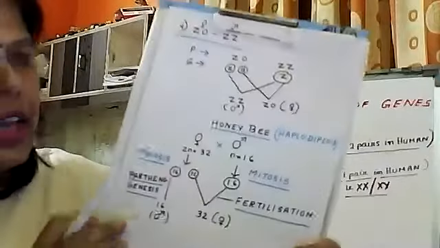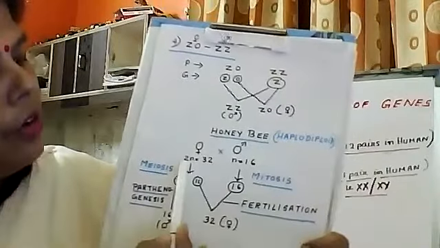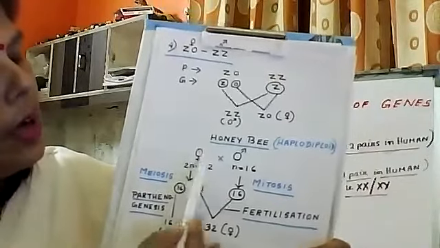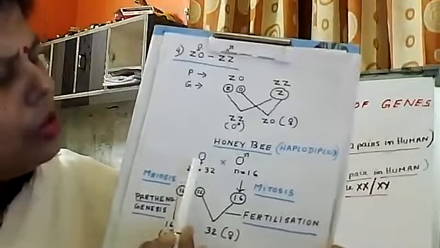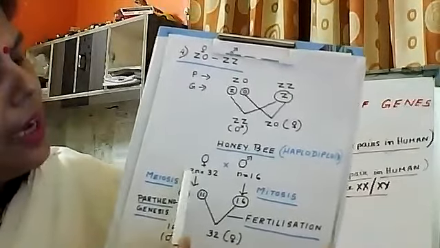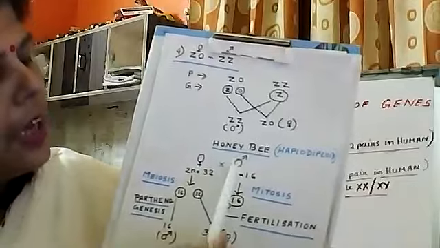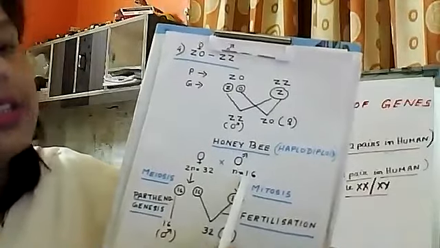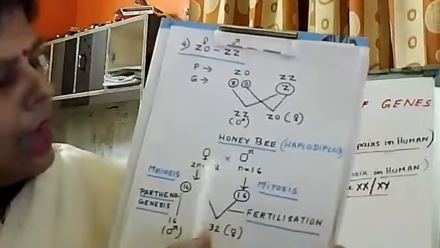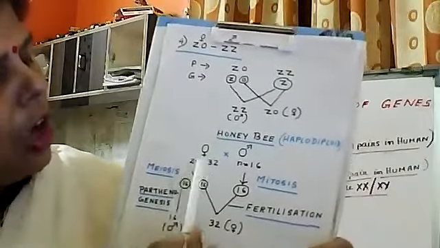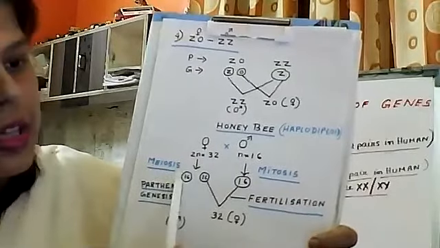Now you just see here, they have the chromosome number 32. So in case of female it is 32, and in case of male it is 16, that means haploid, n. The female always undergoes meiosis cell division.